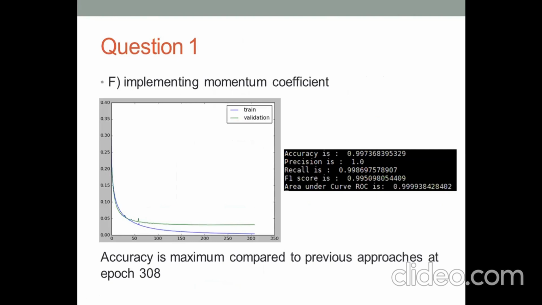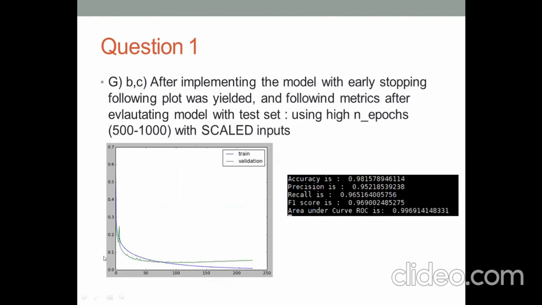Okay, 1G. 1G is repeating everything. As I said, after implementing the model with early stopping and retrieving all the metrics, using n epochs 500 to 1000, this time with scaled inputs.